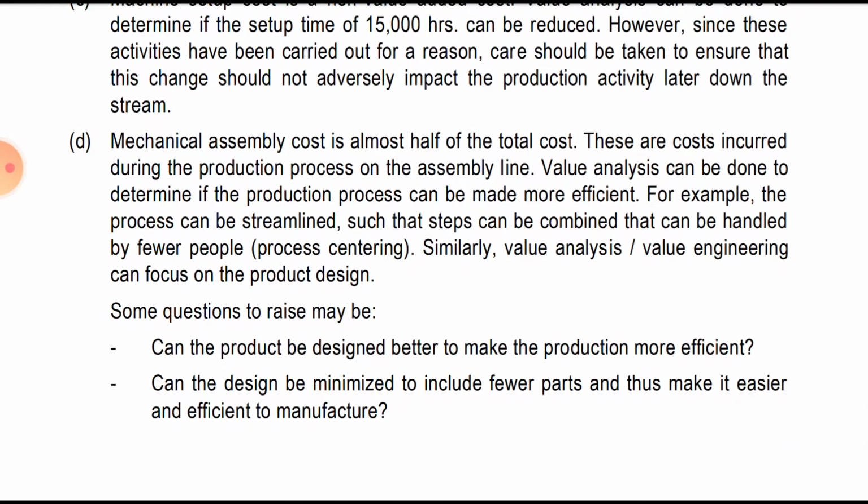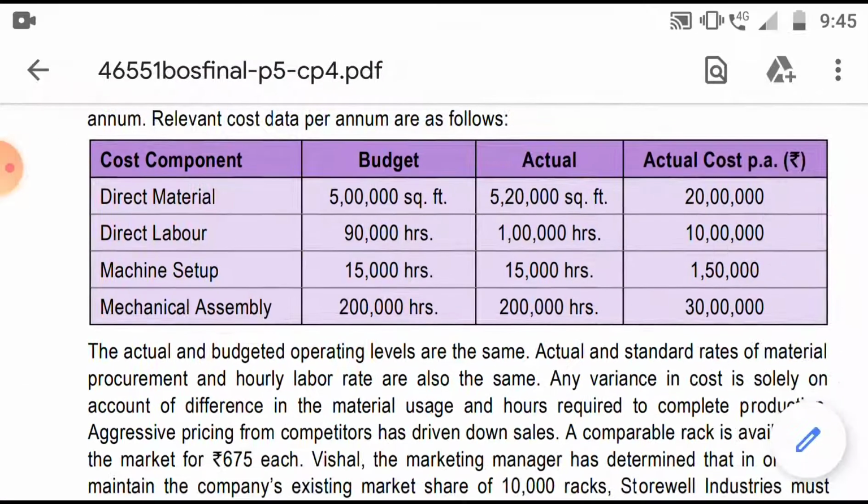Then the fourth component, that is mechanical assembly cost, is almost half the total cost. We can see machining cost is 30 lakh rupees, which is half the total cost, because the other cost is 20 lakh plus 10 lakh, that is 30 lakh, plus 1 lakh 50, so 31 lakh is the other cost, that is setup cost, material and labor, and mechanical assembly itself is 30 lakh rupees.